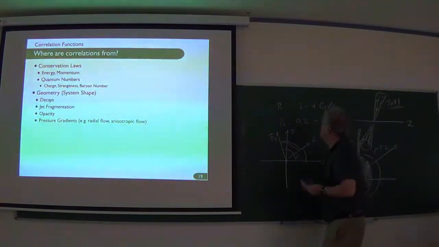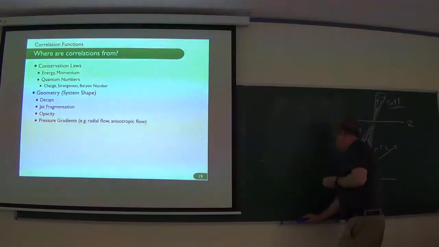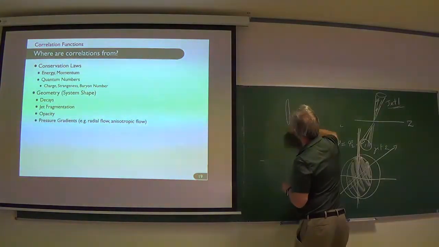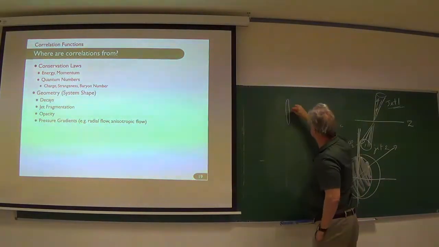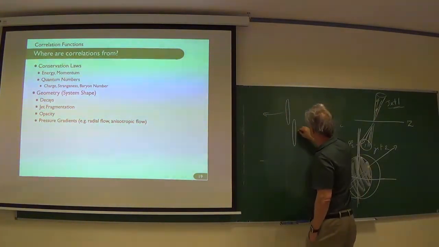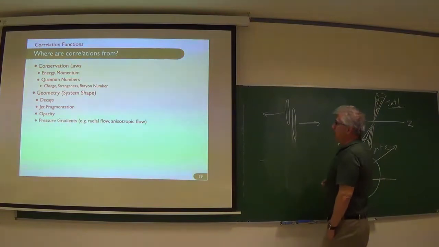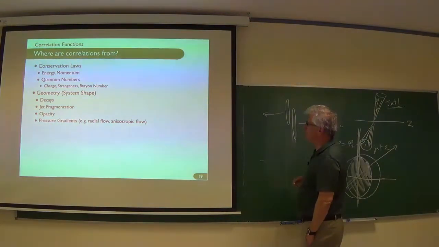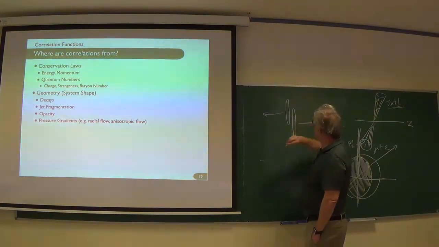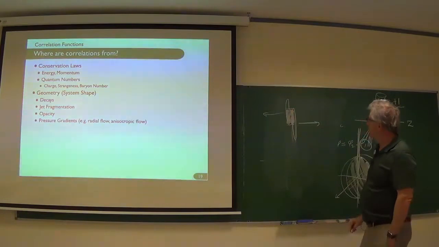So what happens in these collisions is that you have one nucleus, Lorentz contracted, hitting another nucleus, also Lorentz contracted, viewed in the lab frame, and so we have some overlap, and this overlap will then lead to particle production.